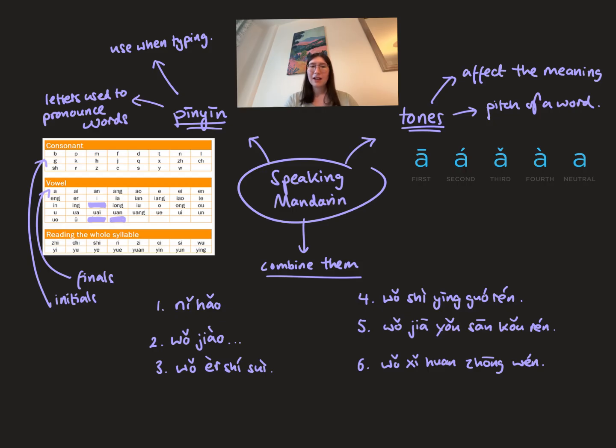E, again, this can sound different depending on what initial is used. So if we use the R, by itself it will be er, but if we combine it with Y, it becomes ye, ye.